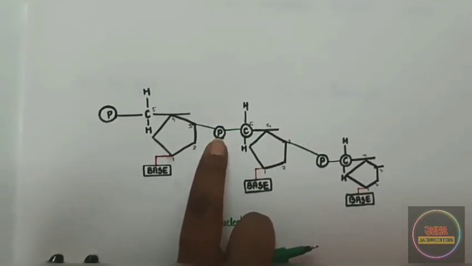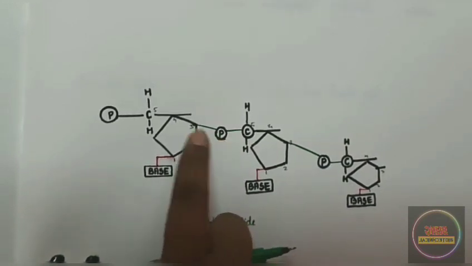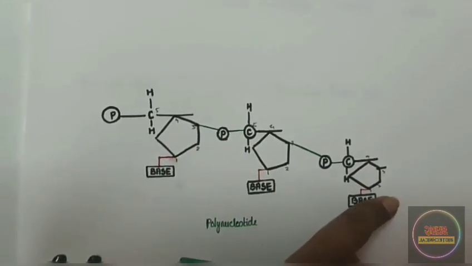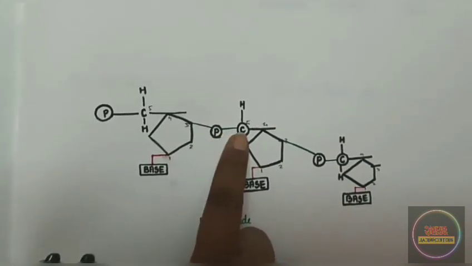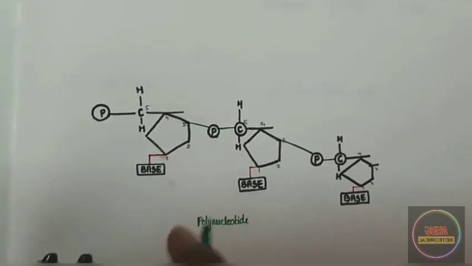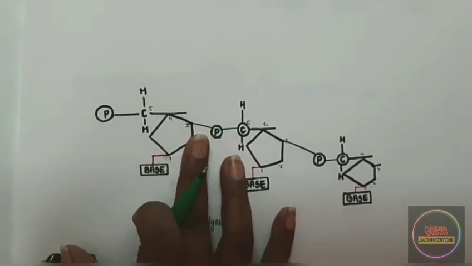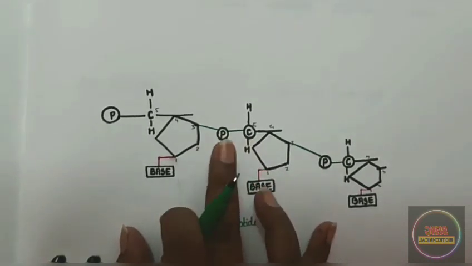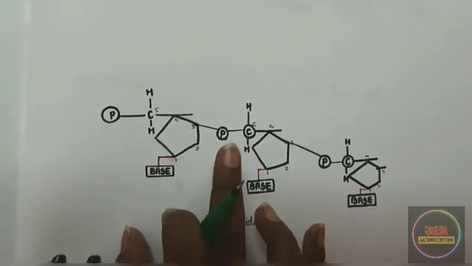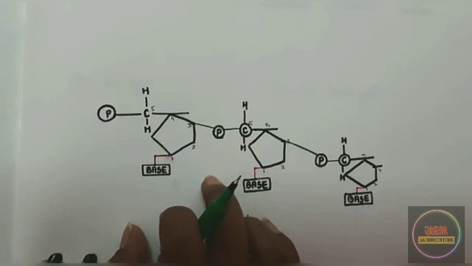This is also a phosphodiester bond and this is also a phosphodiester bond. Carbon and phosphate are always linked to one another by a phosphodiester bond.